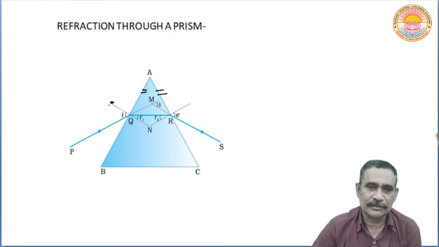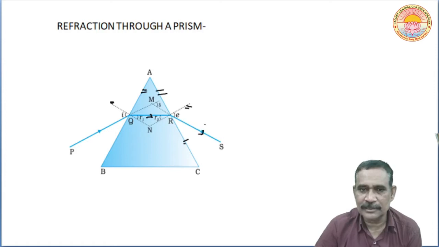The refracted ray bends towards the normal. When this refracted ray is again incident at the refracting surface AC, draw the normal at this surface. This refracted ray moves away from the normal. This is the emergent ray.